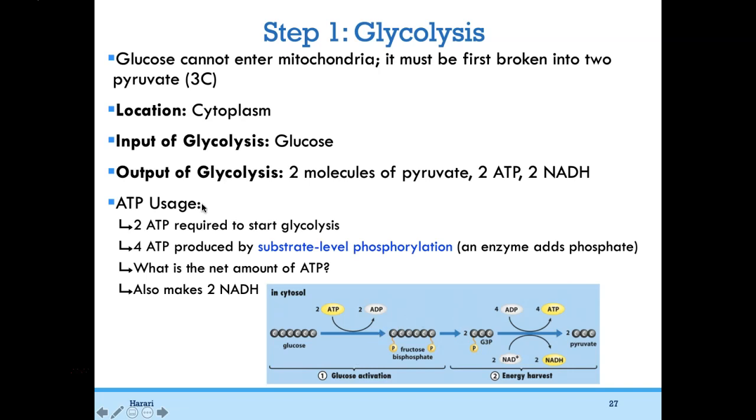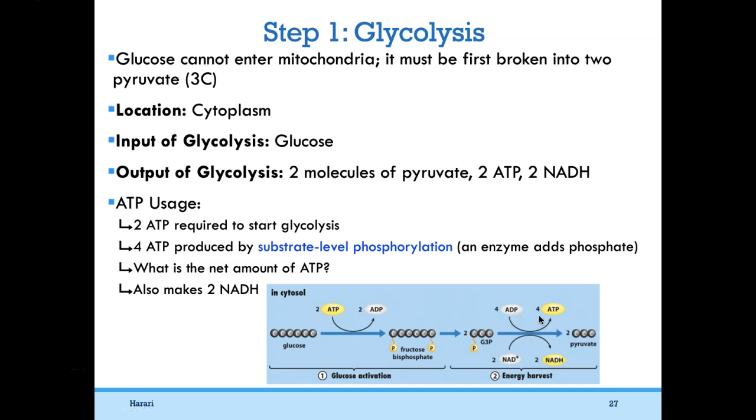In order to start glycolysis, you actually need to input 2 ATPs. At the end, we end up getting 4 ATPs because special enzymes add a phosphate to ADP. So substrate level phosphorylation means an enzyme can take a phosphate from a product and add it to ADP to make it ATP.